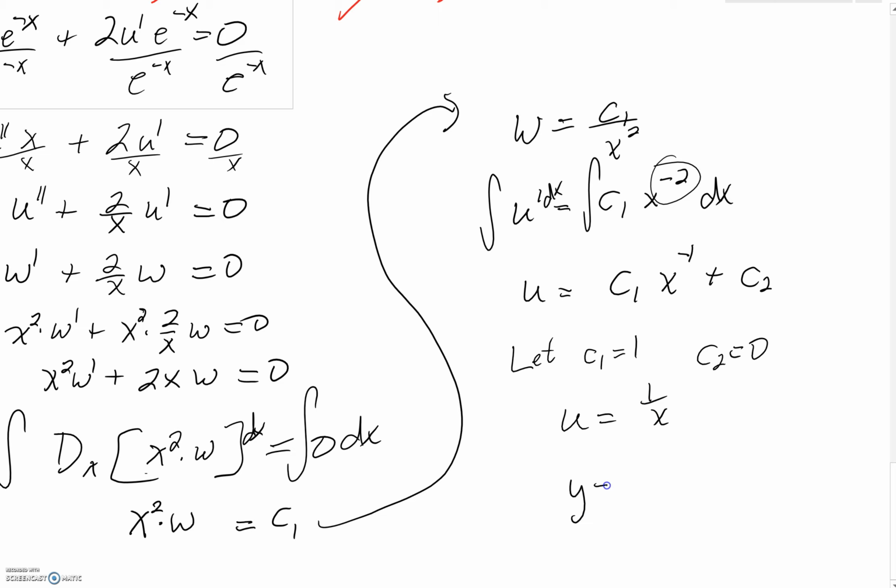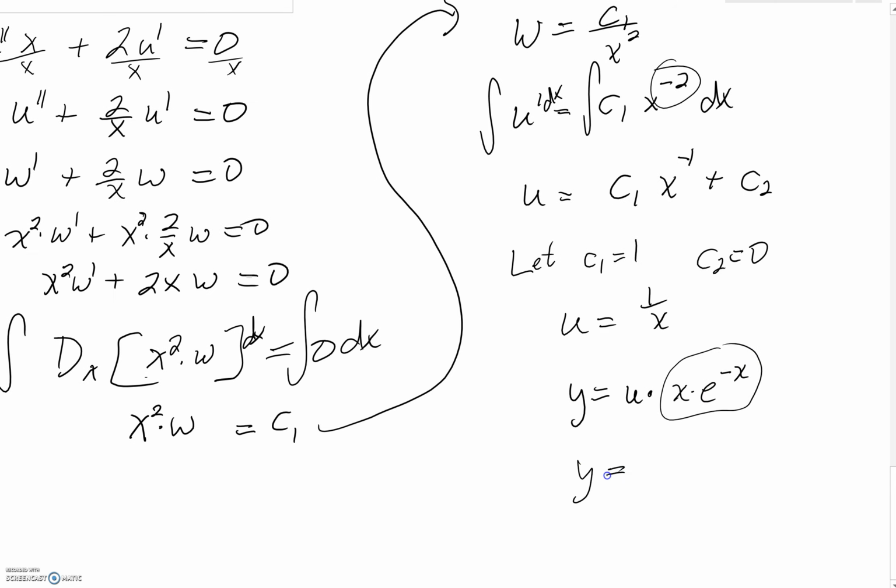Well, remember what started this whole process out. We said that we believed that y was equal to u times x e to the negative x. We were told this was our first solution, and now we found out what u is. It's 1 over x. And look at that. This is your second solution right here, e to the negative x.